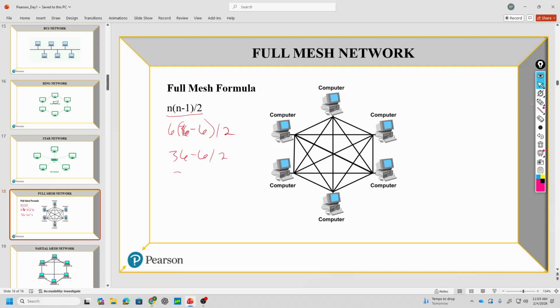So we basically have 30 divided by 2 equals 15. So in order for these 6 computers to all be fully connected, there's 15 cables. And that becomes unsustainable. You would never do that in a desktop environment. Even though my little graphic has kind of desktops, we would never do this, right, in that environment. It's way too many cables.